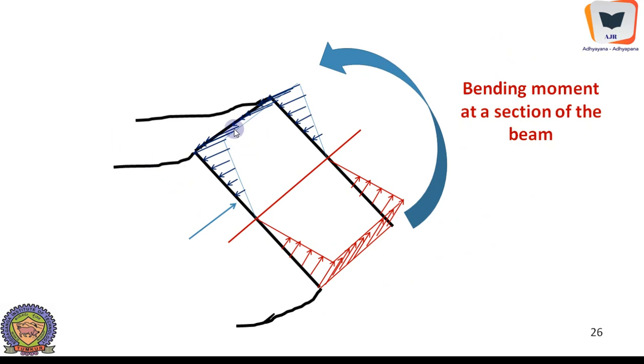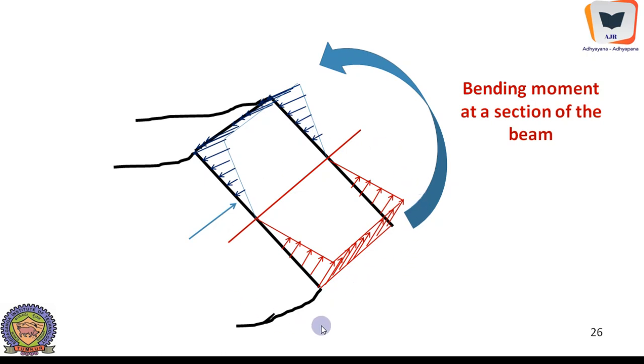Here is a bending moment at a section of the beam. Here is the bent beam. It has bent like this. This is the area of cross-section which has really rotated with respect to an axis called the neutral axis. And here the top is under compression, therefore we have represented arrows towards the beam, and here it is subjected to tension, arrows away from the beam section.